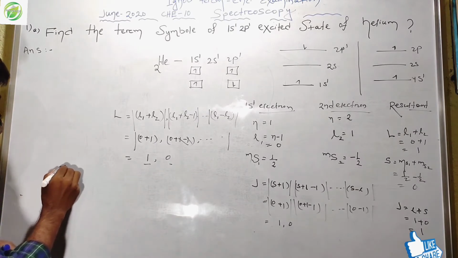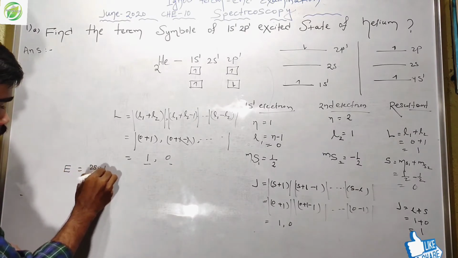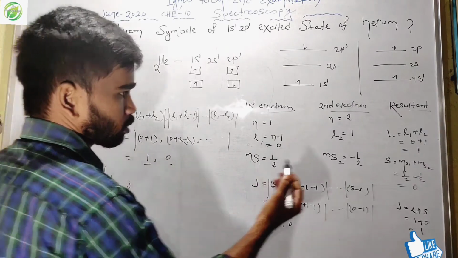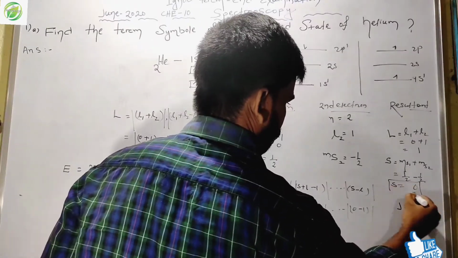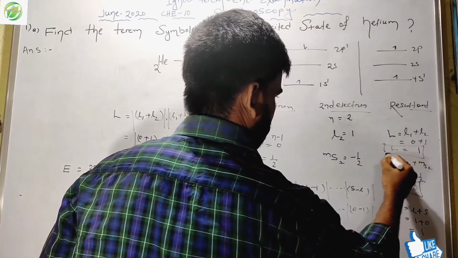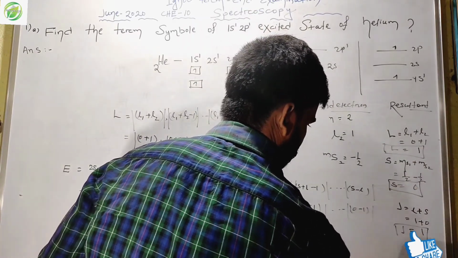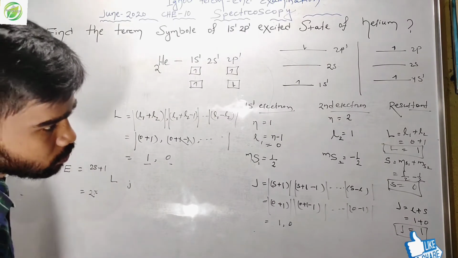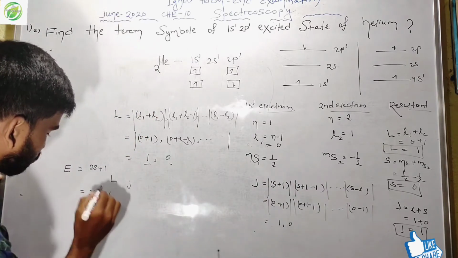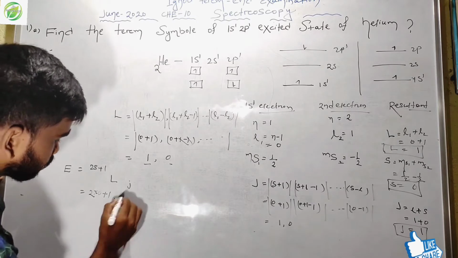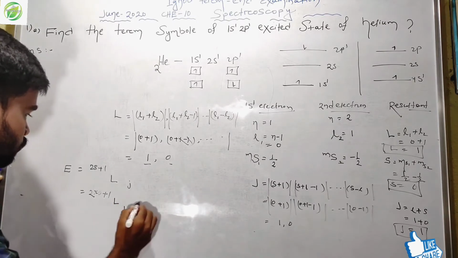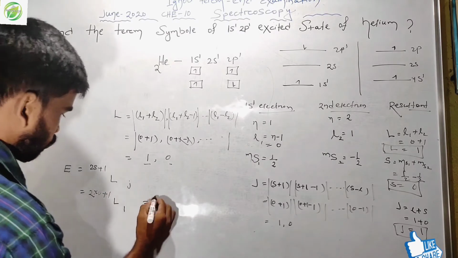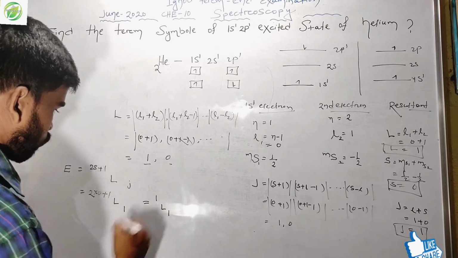Friends, the resultant term symbol is 2S plus 1 L J. For S, we put this S value; for L, this value; for J, this value. We get 2 into 0 plus 1, L, 1.